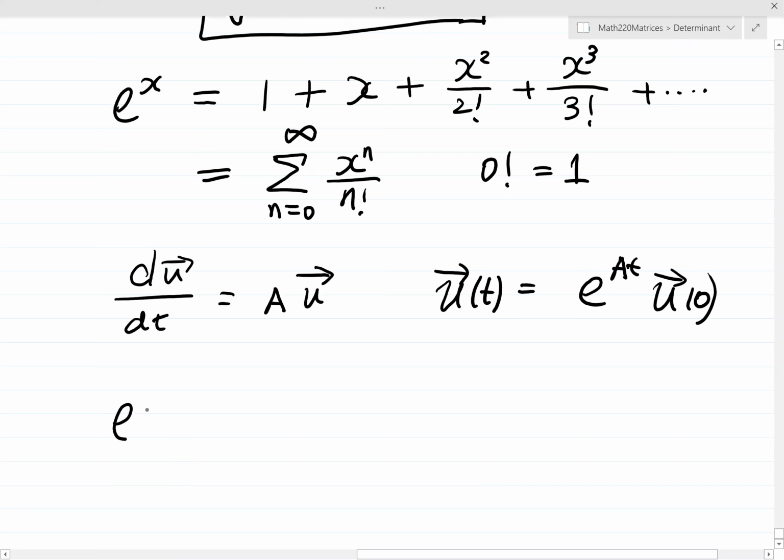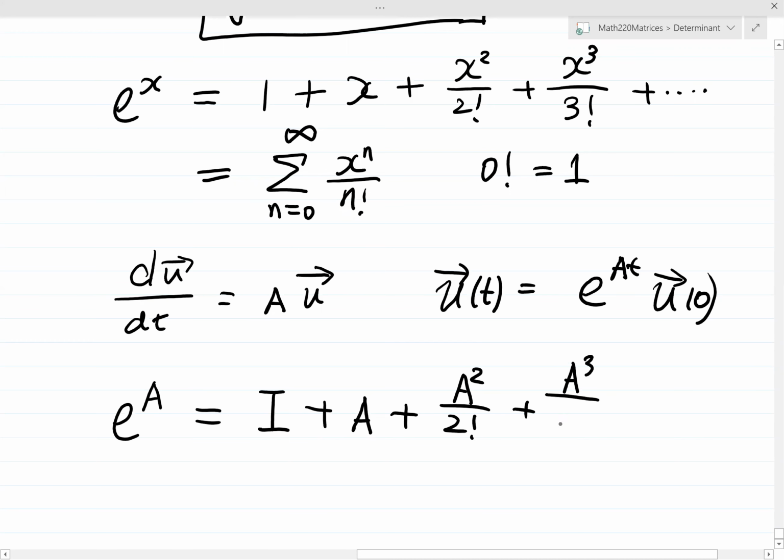When t is 0, this is the identity. Let's do e to the A, which is defined by replacing x by A. So this is the identity plus A plus A squared over 2 factorial plus A cubed over 3 factorial plus, etc.